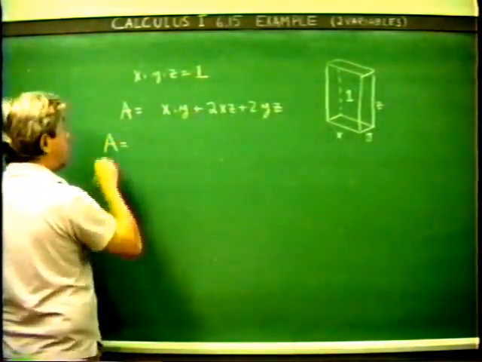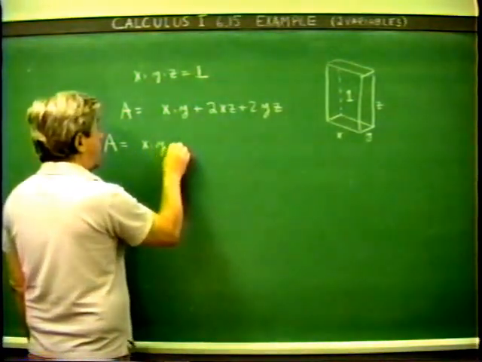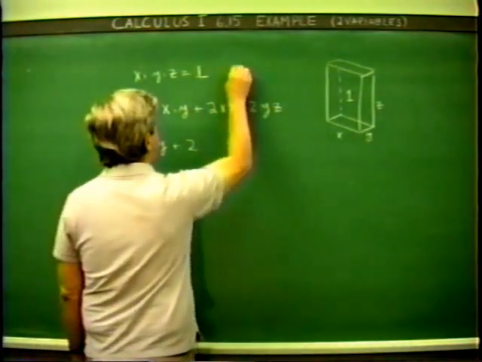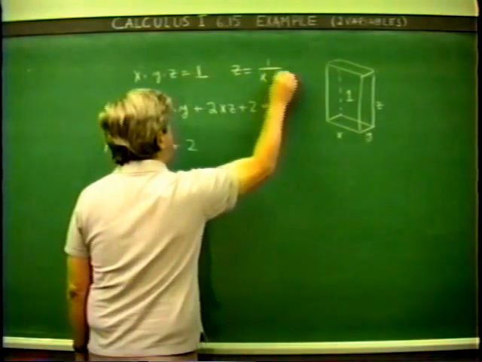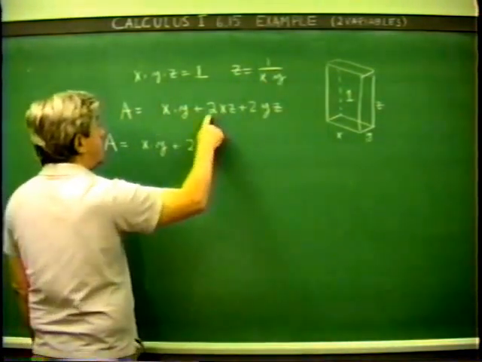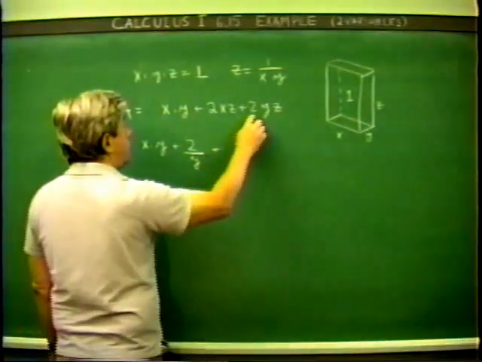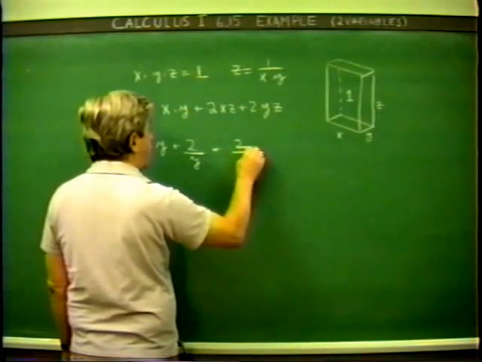Okay, now, since you know x times y times z is 1, we can remove, let's say, z from the picture here, and we get that the area is equal to x times y plus 2xz is equal to 1 over xy, so that this is 2 over y.